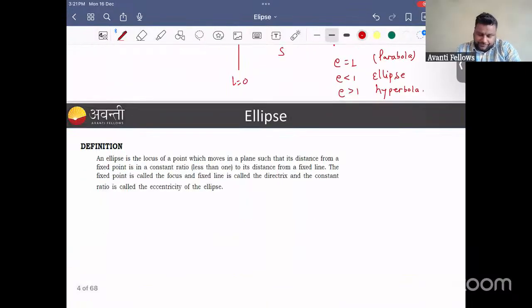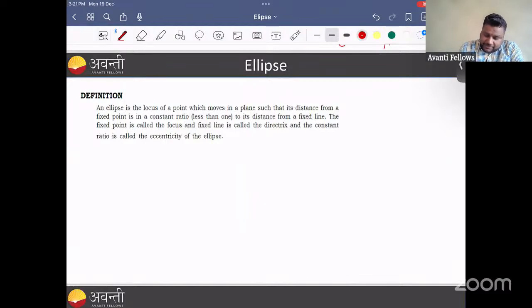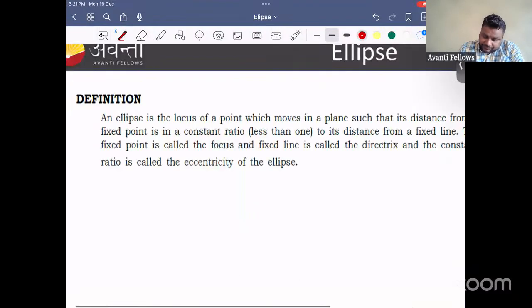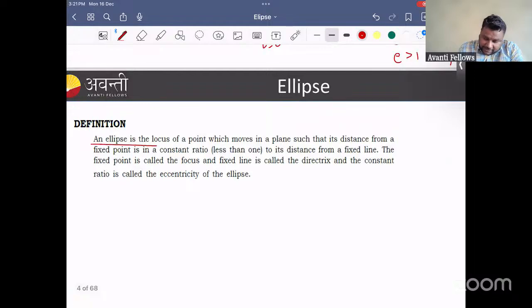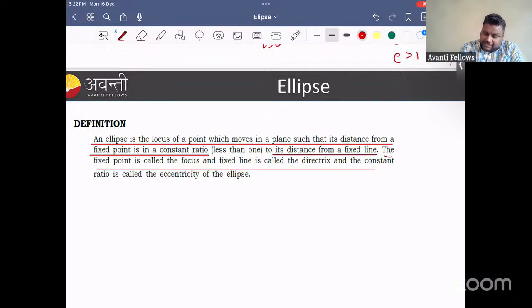Now, particularly for ellipse, the definition is: an ellipse is the locus of a point which moves in a plane such that its distance from a fixed point is in a constant ratio to its distance from a fixed line. This fixed point is called focus, this fixed line is called directrix, and the constant ratio is called eccentricity.